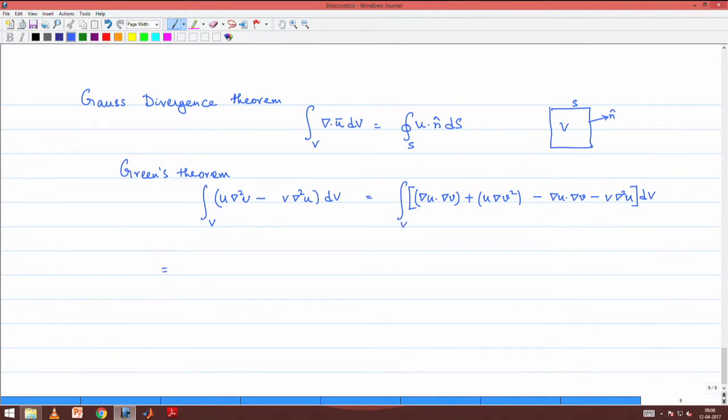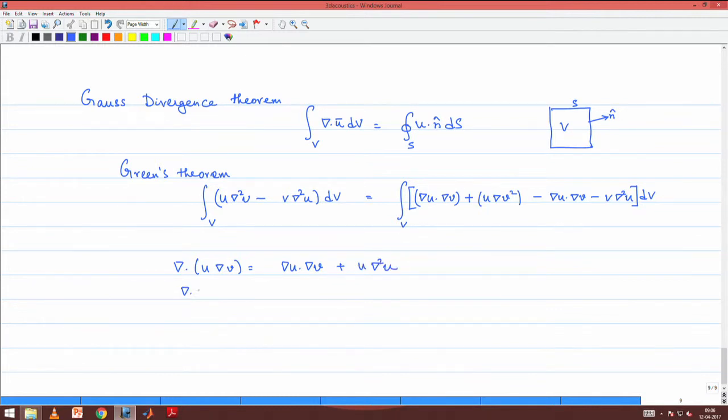That should be perfectly fine, but then this first integral would look like the divergence of some quantity. The divergence of u del v is del u dot del v plus u del square v.